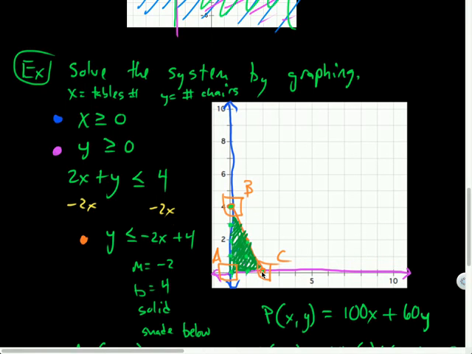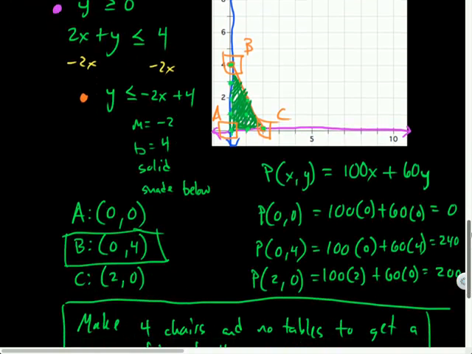Now, there are some situations where, instead of being a single optimal solution, you can actually have infinitely many solutions where, let's say, both B and C were equally optimal. Okay? If I was actually charging $50 or earning $50 per chair, I think I actually would have had a tie between both B and C, right?